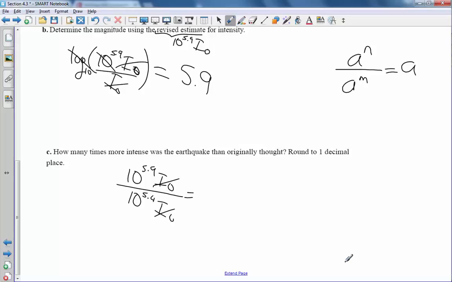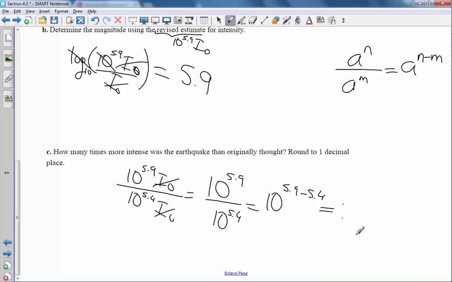Yep, we subtract the bottom one from the top one, n minus m. So 10 to the 5.9 over 10 to the 5.4 is 10 raised to the 5.9 minus 5.4, and that makes 10 raised to the 0.5.